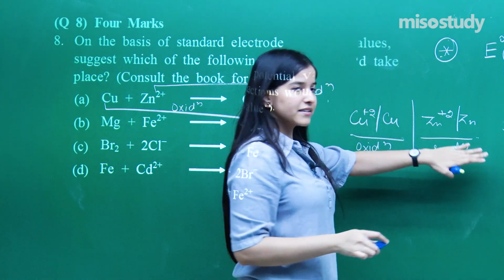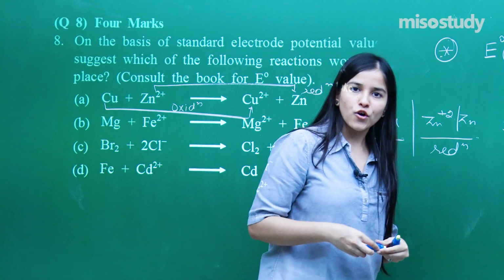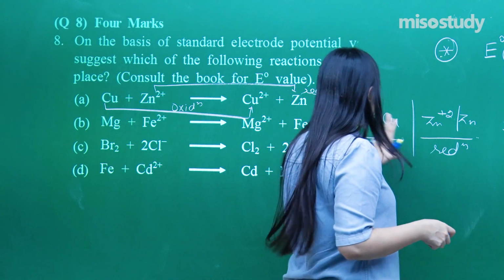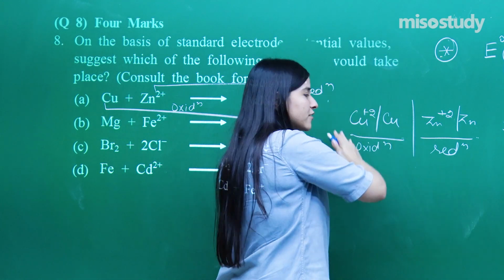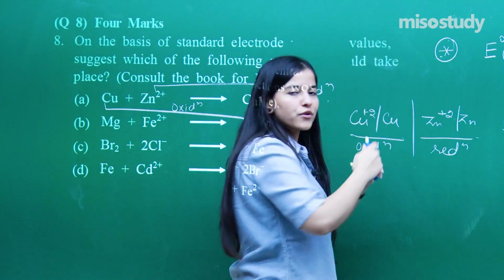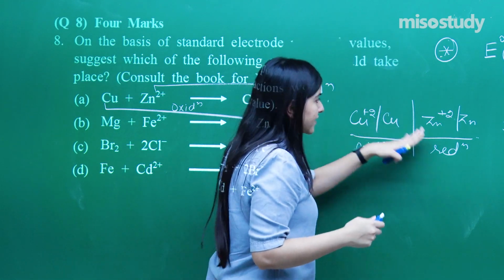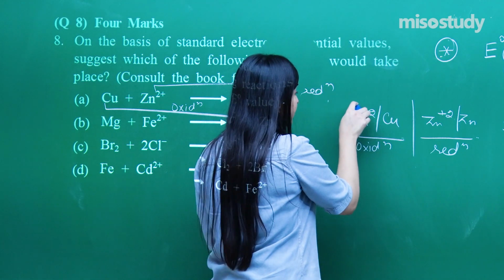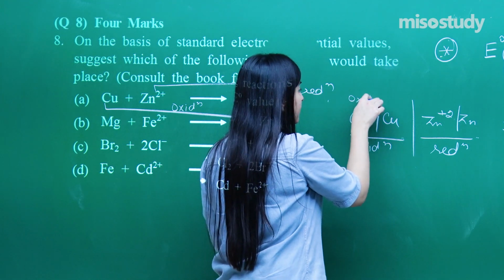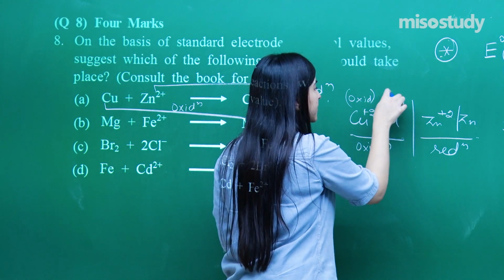And why I have written like this, it's a representation of the cell of the half reactions, that the reduction process is written to the left and then the oxidation process. Clear? Okay, oxidized state. Sorry, this is the oxidized state which we write and this is the reduced state.